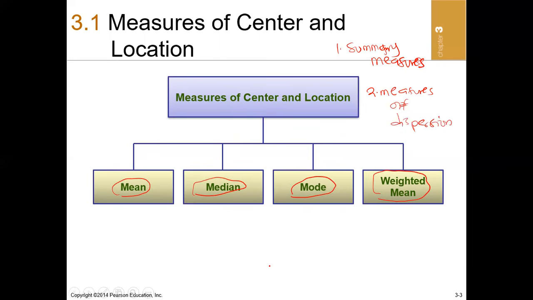So the measures of dispersion tell how far the individual figures are from their average, okay? If the individual figures are too far from their average, we can conclude that the measure of average, or the measure of central tendency, or the measure of center and location is not a perfect representation of the set of figures.